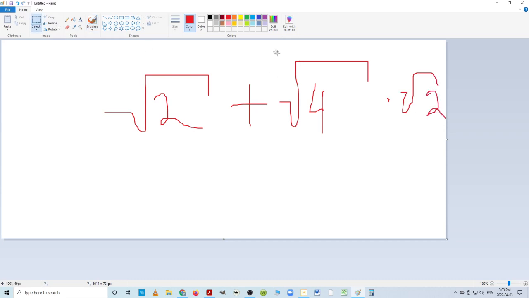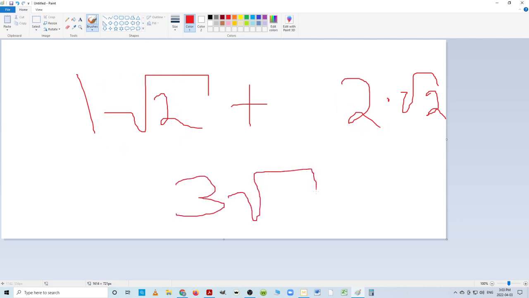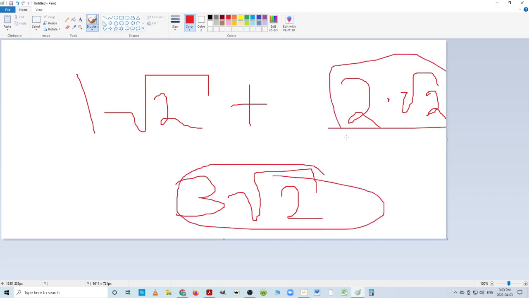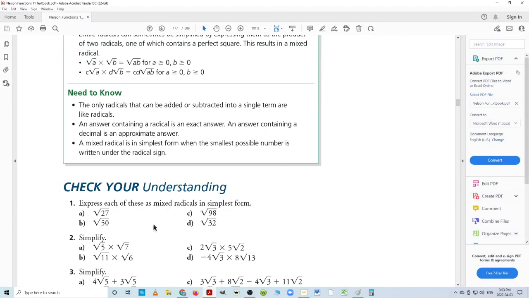And of course the square root of 4 has a solution, so we get 2. And now essentially I have 1 apple plus 2 apples, and I get 3 square root of 2. So suddenly I could add them by simplifying one of them. So that's another rule. And I think that's about it for that. So that's what this chapter deals with.